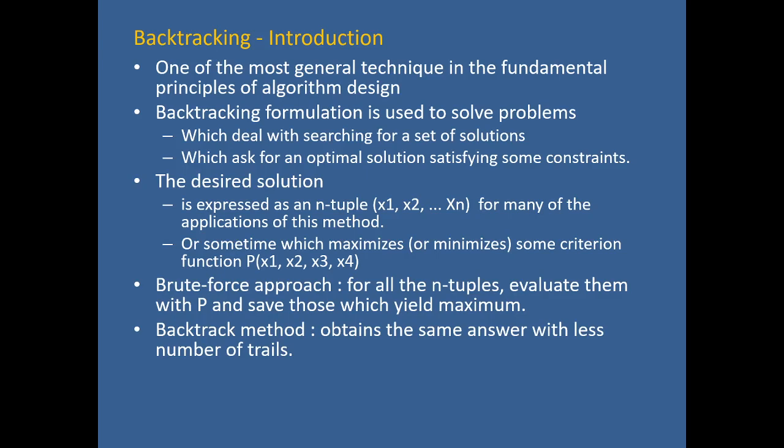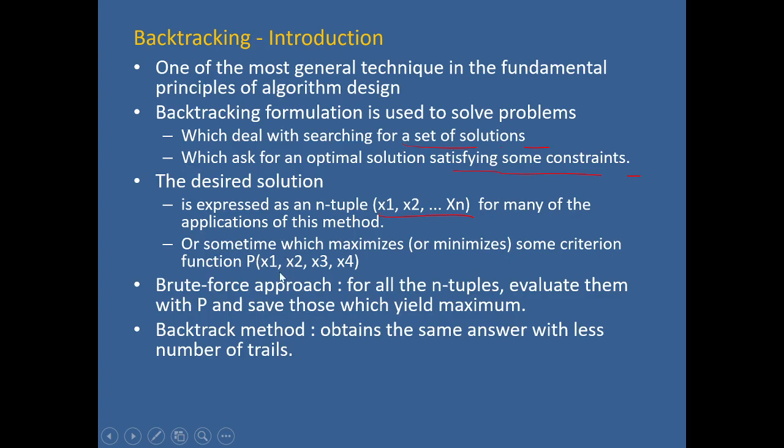Another thing is, if that problem has more than one solution, that means the problem has a set of solutions, and you want all those solutions which satisfy the constraints, at those times also we can go for backtracking. The answer is expressed as a tuple of n numbers like this, and sometimes the tuple may have to minimize or maximize an objective function.